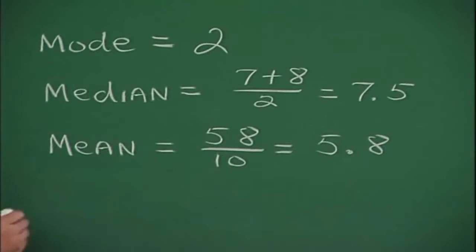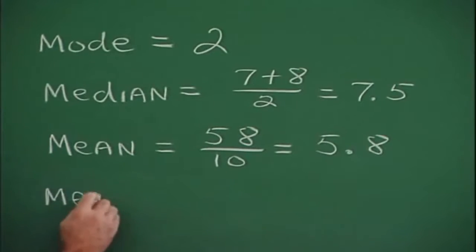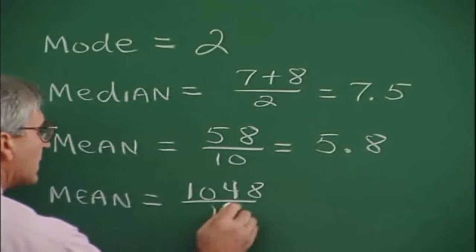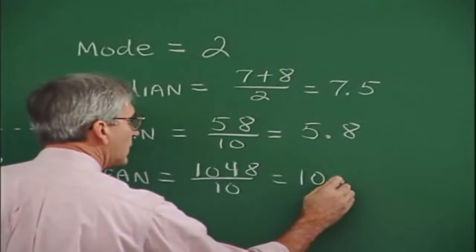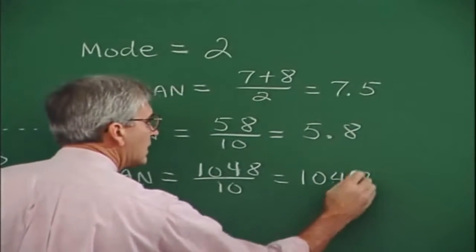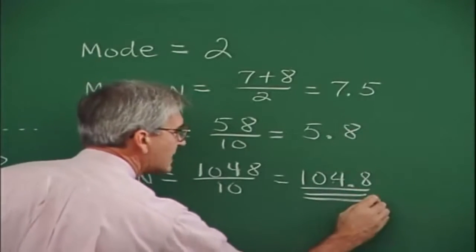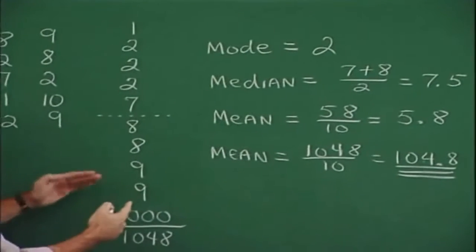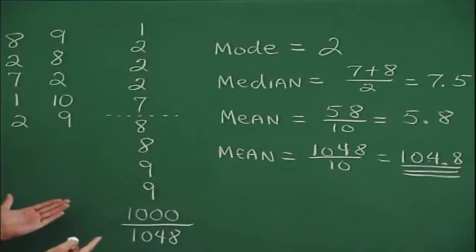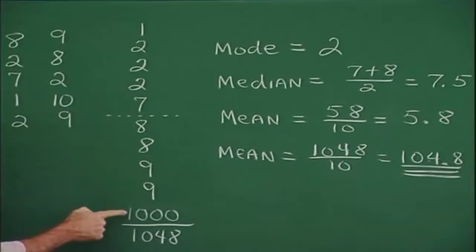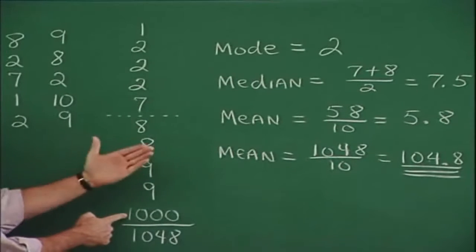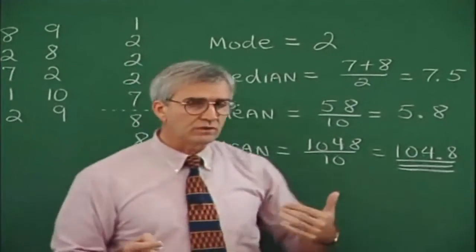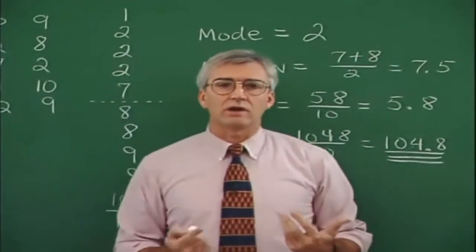Calculating the mean, we would have 1,048 divided by 10, or 104.8. Now, is 104.8 descriptive of the central tendency for this group of numbers? Well, certainly not. It's this extreme value that threw off the mean. That's the disadvantage of using the mean, that an extreme value can throw it off.